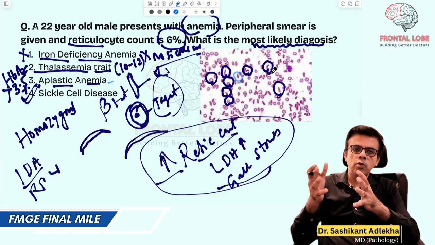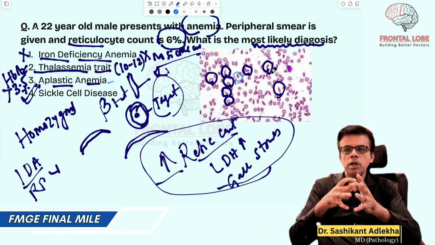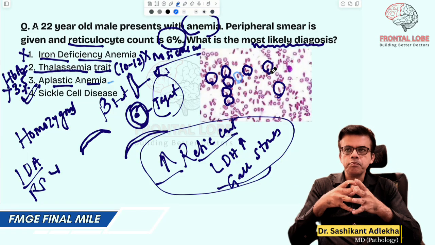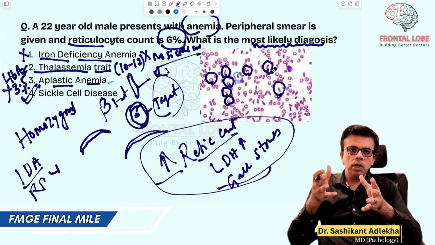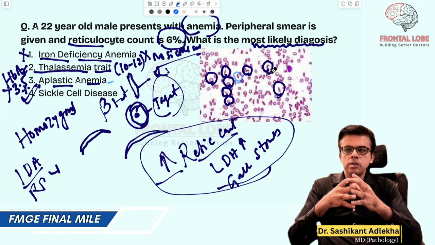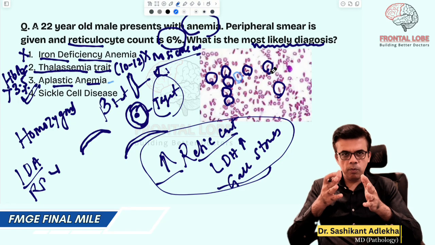Commonly, it is an indication of bone marrow failure, and in aplastic anemia you will see that the bone marrow is quite hypoplastic, and there is more of a fat element. The cellularity is much lower compared to the reference for age.